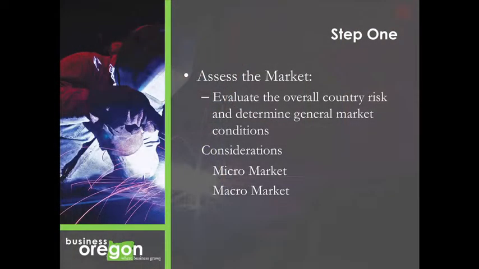Typically, after a company has looked at the macro research side and they've started to identify potential marketplaces, we'll say maybe 3 or 4 countries, this is where you start to drill down into your market research and look at the micro side of it. And the micro side of it is looking at each country and finding out what the political forces are within that country.